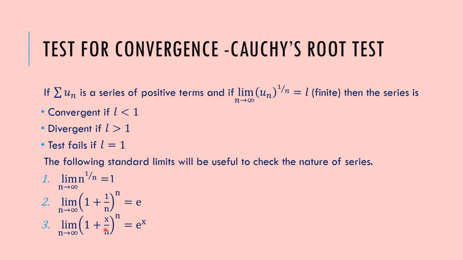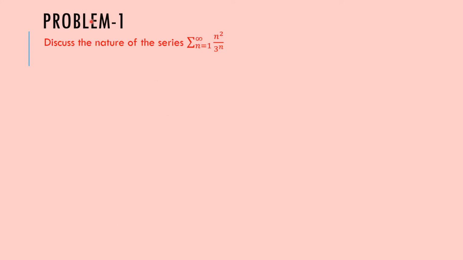Now let me explain this concept with some examples. First problem, discuss the nature of the series sigma n from 1 to infinity, n square by 3 power n. Remember, n power 2, 3 power n.